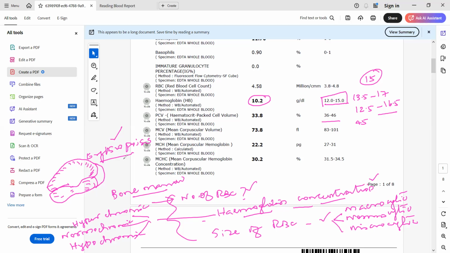If the hemoglobin level is less in the blood, the oxygen saturation is not that much, the kidney senses that and it secretes one hormone which is called erythropoietin. That is a very, very important hormone that works on the bone marrow and enhances the speed of erythropoiesis.